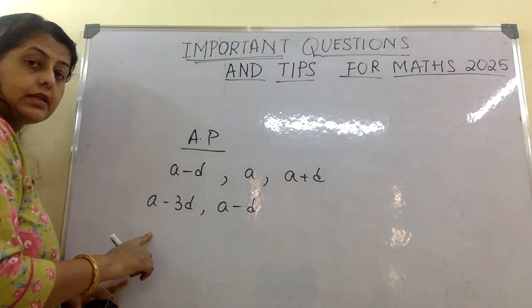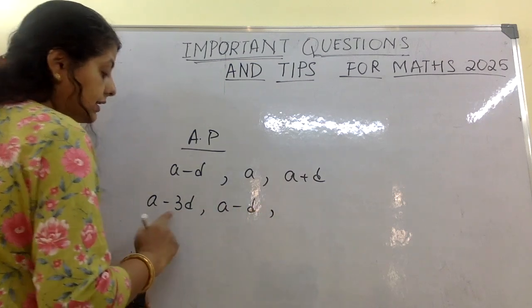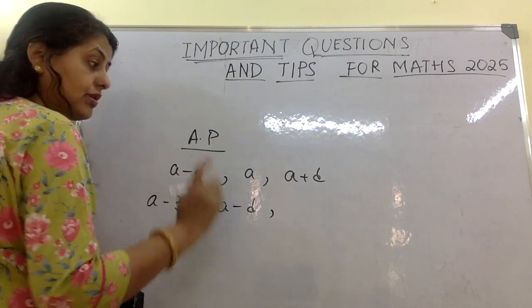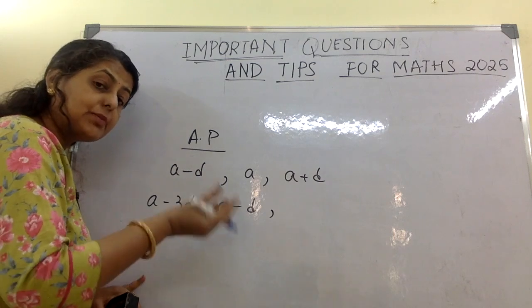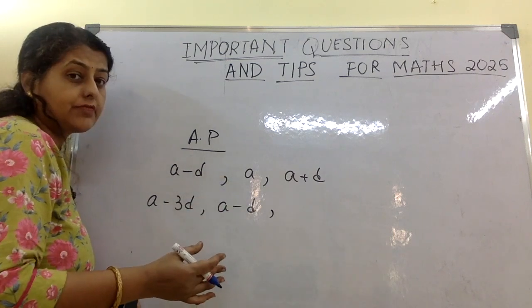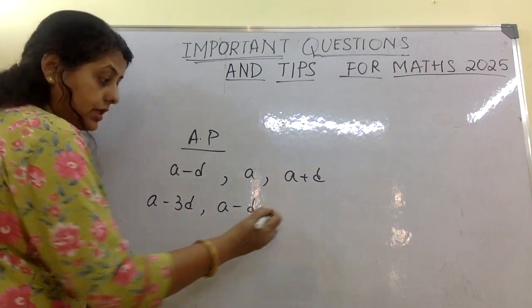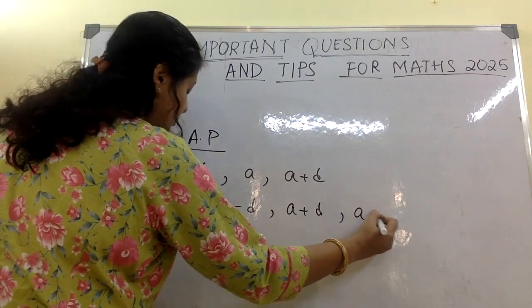Now note one thing: the common difference is actually 2D. You add 2D to A minus 3D and then you get A minus D. So whatever value of D you get in this sum, remember to multiply it by 2 and then give it as the common difference, because D is not the common difference here. In the 3 numbers case, D is the common difference.